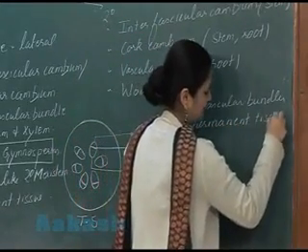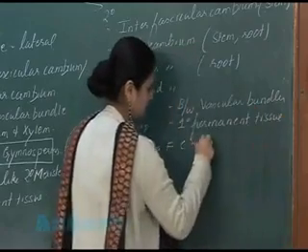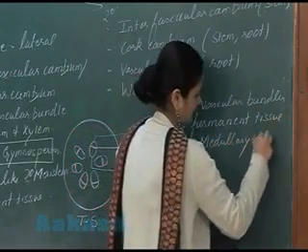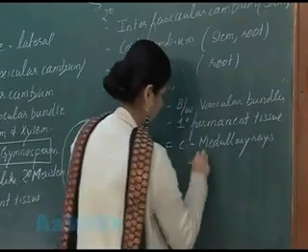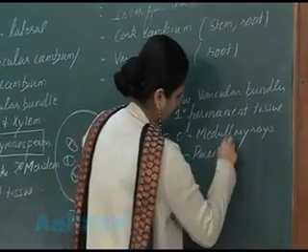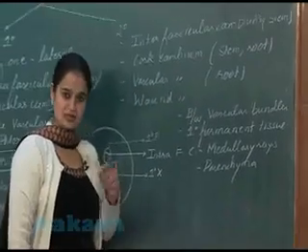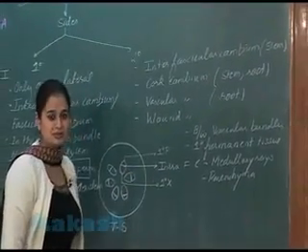The primary permanent tissue which is present is medullary rays. And these medullary rays are made up of thin cells, that is parenchyma.